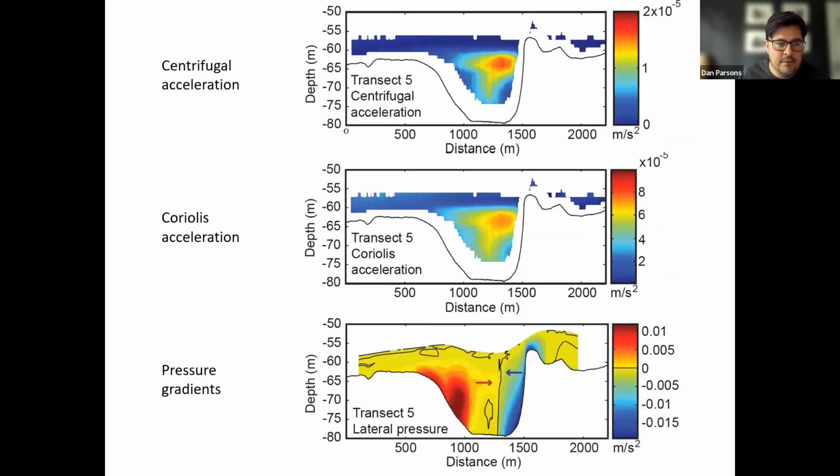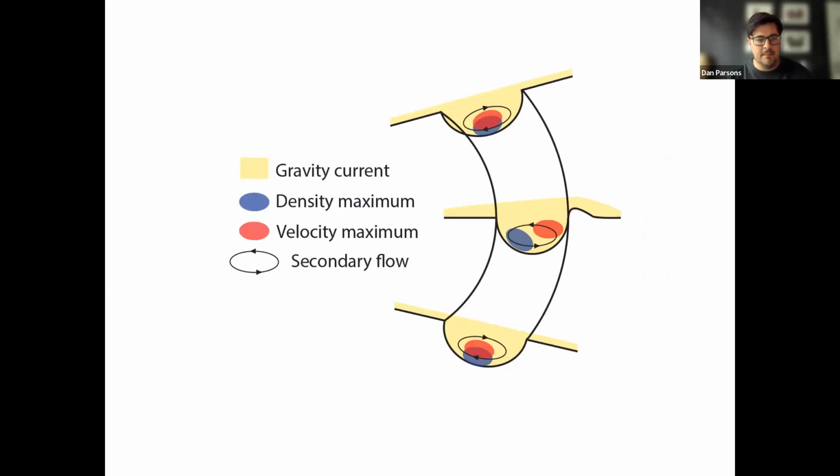And you can look at the different types of forces that we were able to calculate, the pressure gradients. And we see this movement, as I say, in a little summary diagram here of it working in the opposite direction of what you see in a bend around these submarine channel systems.